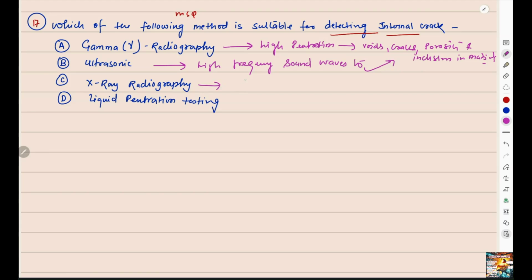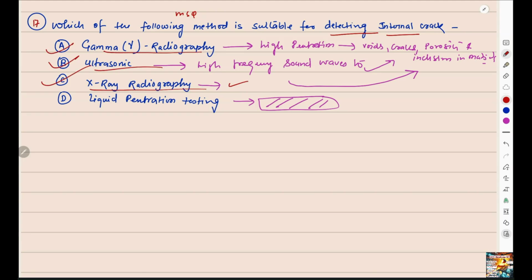And we know that XRD is used for crystal structure determination. Similarly, X-ray radiography is used for internal crack detection. The liquid penetrant test is used for surface defect analysis, so this is not used for internal crack detection. So for this question, the answers are gamma radiography, ultrasonic and X-ray radiography. Now we will move to the next question.